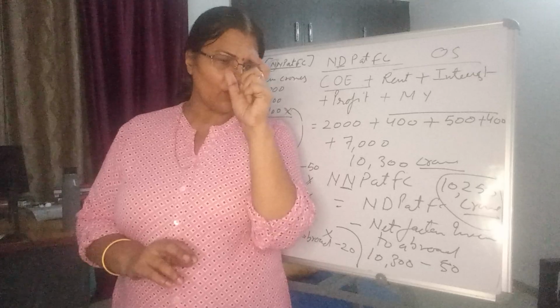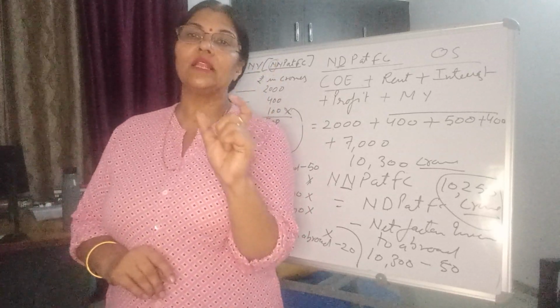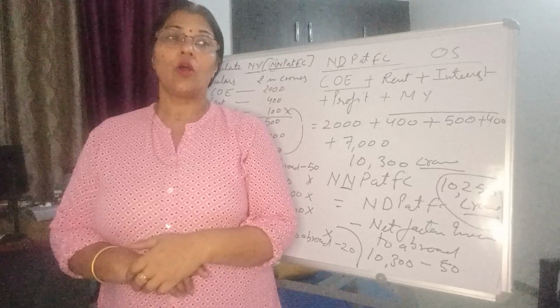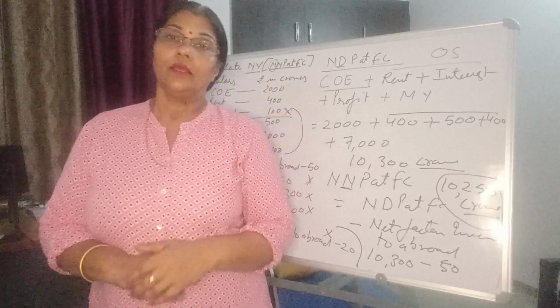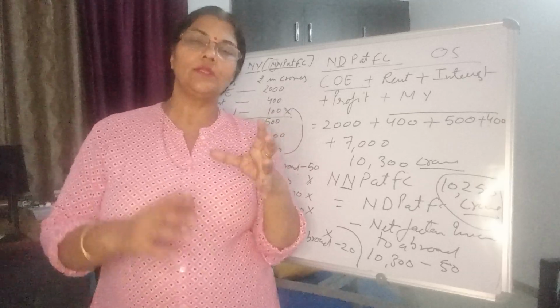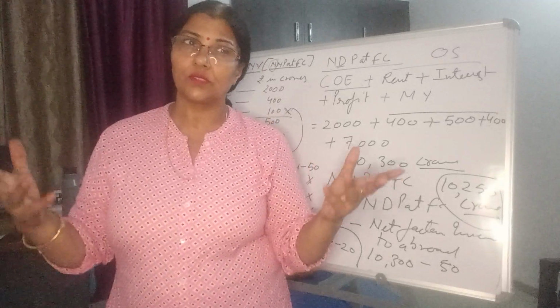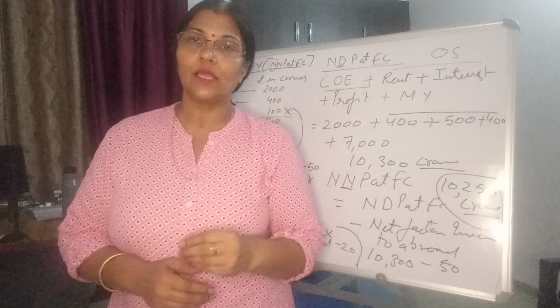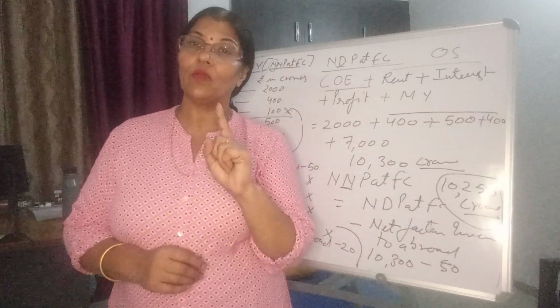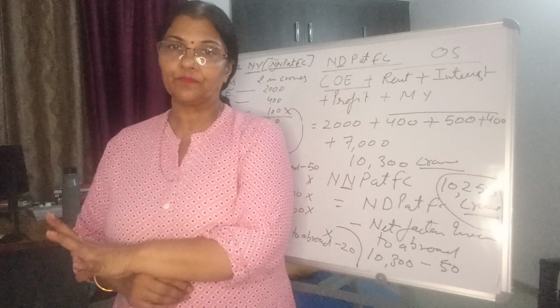Sometimes you can see very common information given in a question: interest on national debt, or national debt interest. What is it? This is the loan the government takes to provide various goods and services to serve the society. In the expenditure method, if you remember, I taught you government final consumption expenditure.